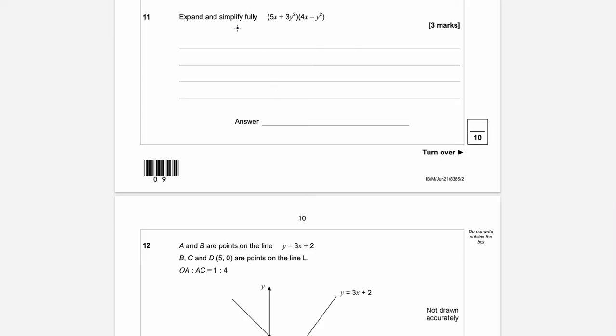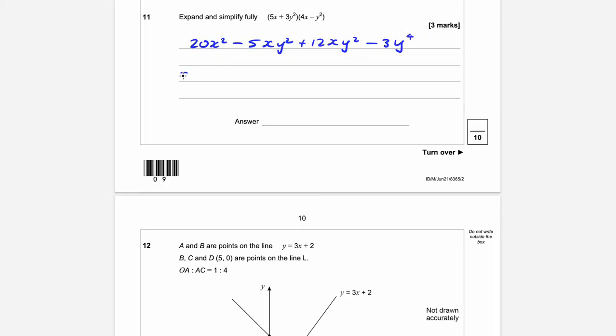Expand and simplify. Okay, let's just do 5x times 4x is 20x squared. This times this is minus 5x y squared. This times this is plus 12x y squared. And this times this is minus 3y to the 4.